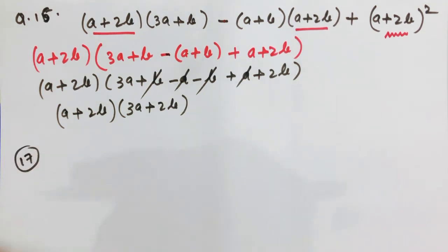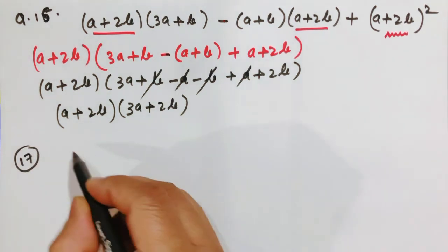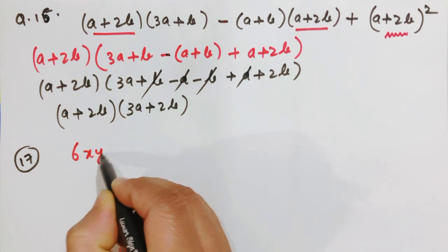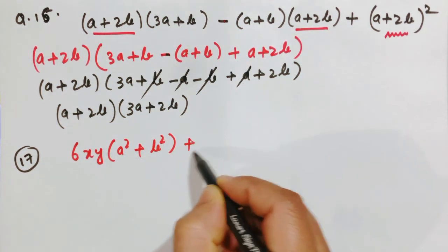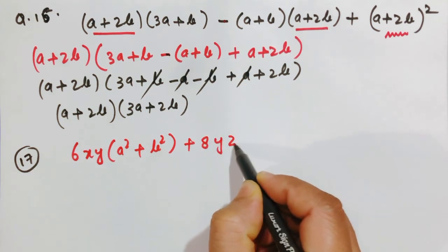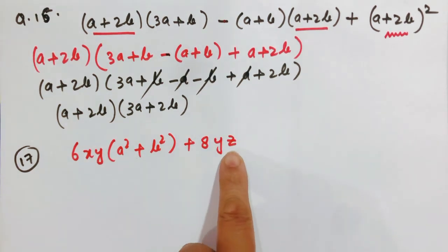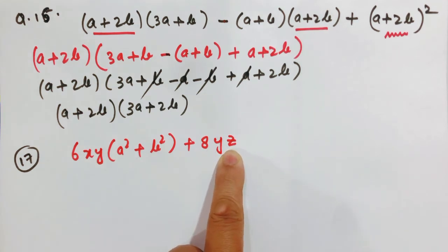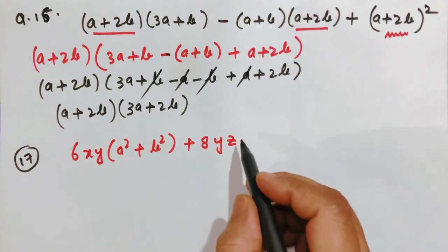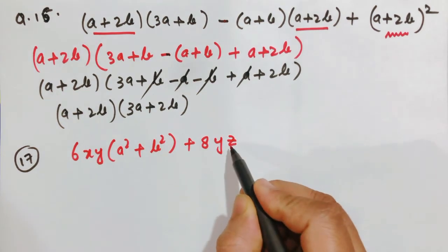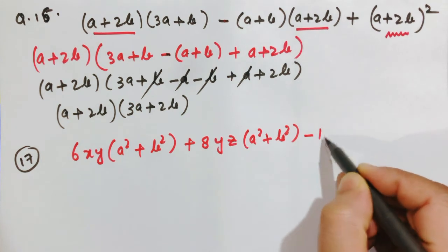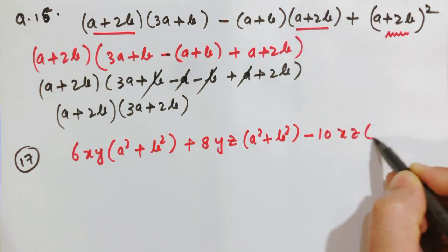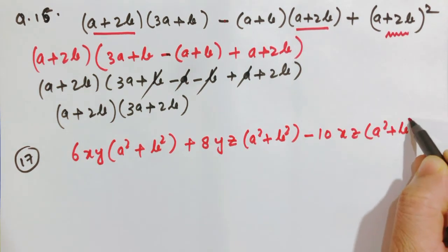Okay, number 17. So in 17 what we have, 6xy a square plus b square plus 8yz. See, z I gave a cut over here in order to distinguish it from 2, otherwise it will look like 2. So 8yz a square plus b square minus 10xz a square plus b square.